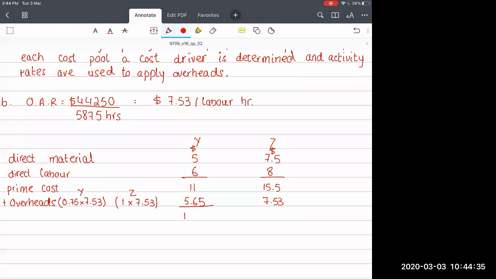Prime cost plus overhead, that is 16.65. And for product Z, it is prime cost plus overheads, 23.03 per unit. So we are done with the requirement. B requirement is done. That is total cost per unit.